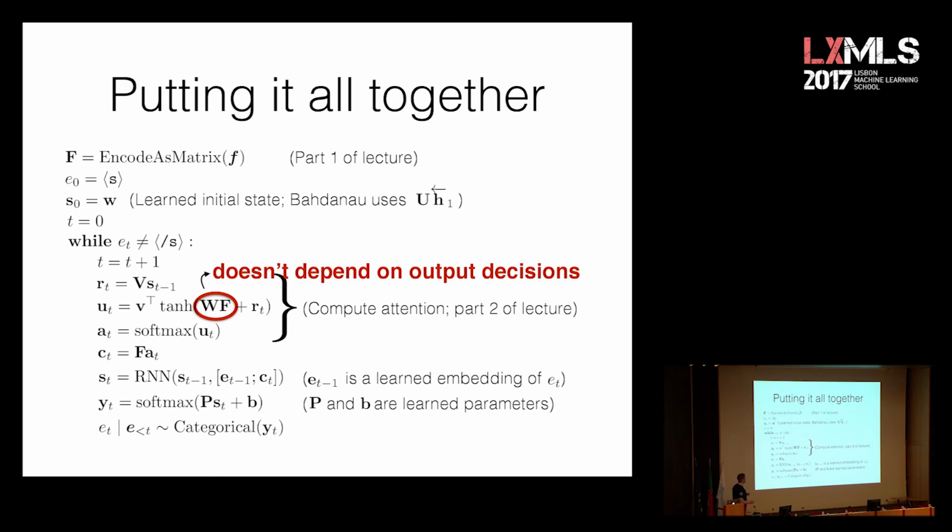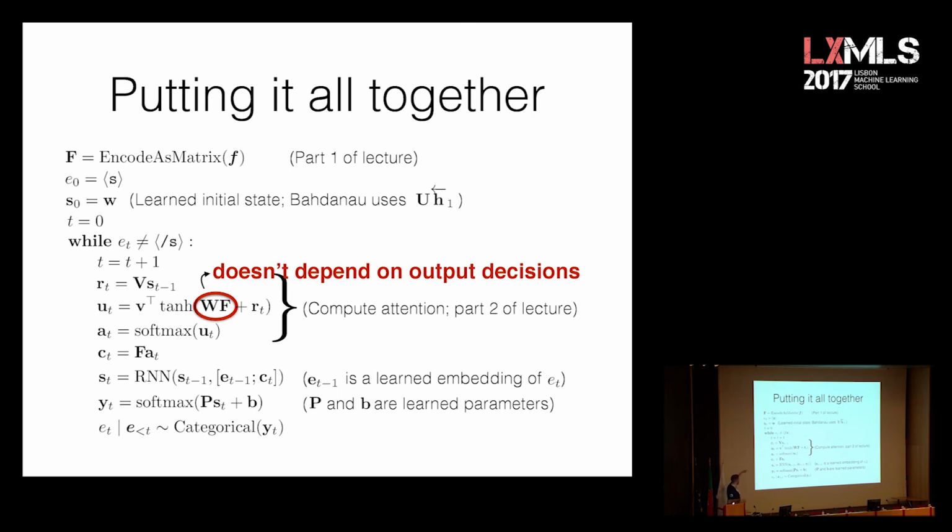We're now going to compute this query key, r sub t, so r sub 1, and that's going to be a function of the previous hidden state, S sub 0 in this case. S sub 0 is already defined, so we're all good. And we are then going to compute the attention energy.